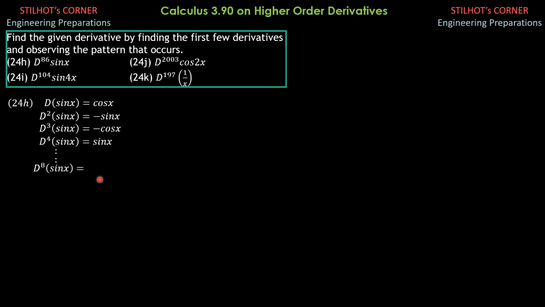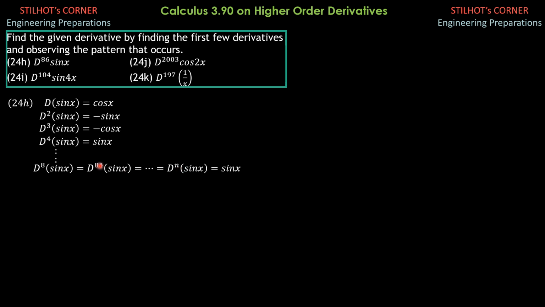So the 8th derivative of sine x is still sine x, which is also the 84th derivative of sine x, because 84 is divisible by 4. In general, the nth derivative of sine x is sine x as long as n is divisible by 4.